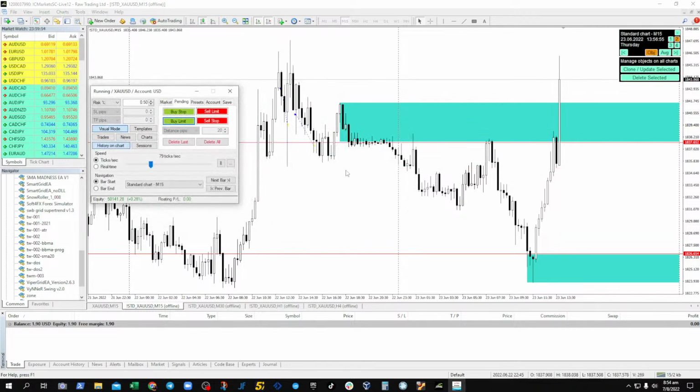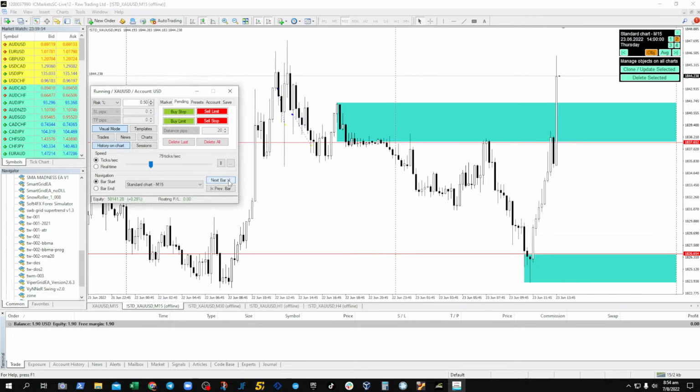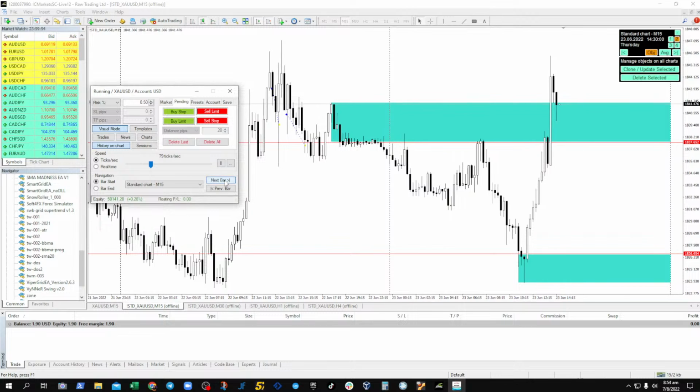Okay, let this candle close. So it's at the rejection zone. I'm gonna take it if it goes above that candle. Okay, so now we're gonna do buy stop.